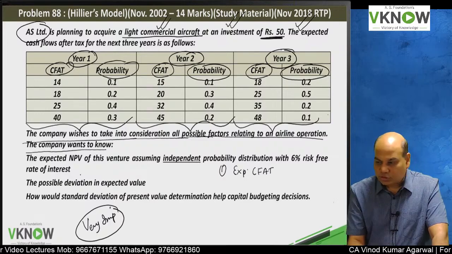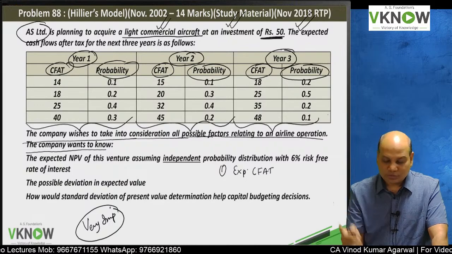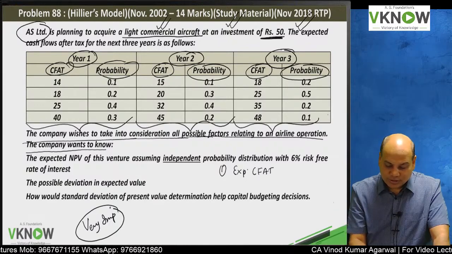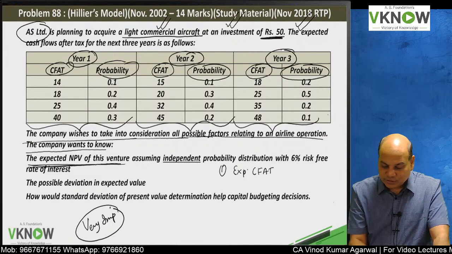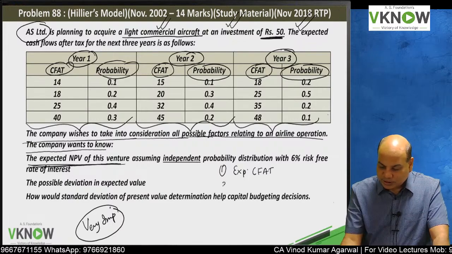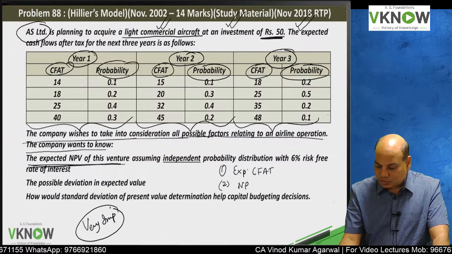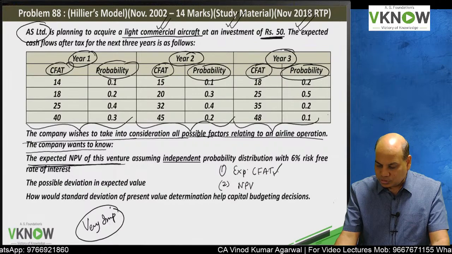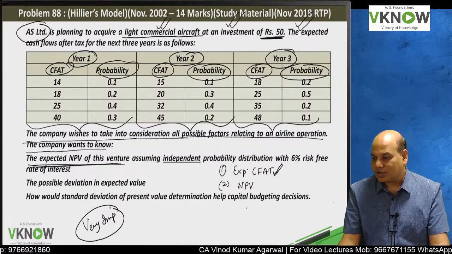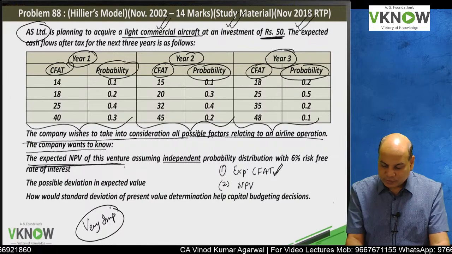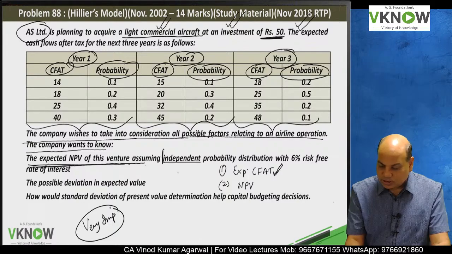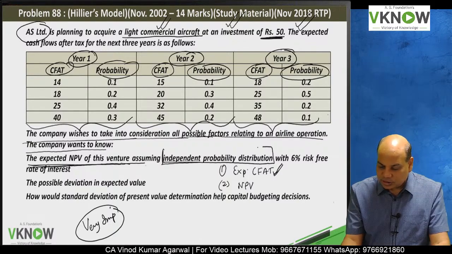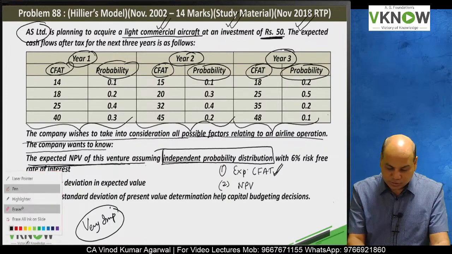The company wants to know the expected NPV of this venture. To calculate expected NPV, step number 2 will be to find NPV using this expected cash flow after tax of year 1 to 3. The expected NPV of this venture, assuming independent probability distribution.